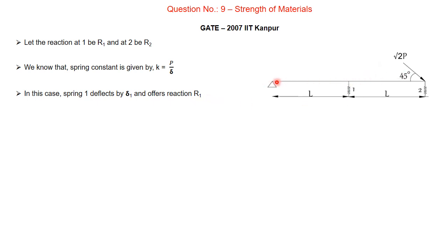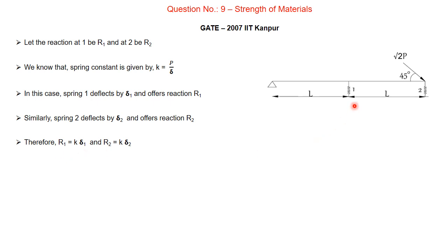When load is applied, as I told, this will have certain settlement here, and spring 1 will initially deflect by some amount and then it will start offering reaction. Similarly this spring 2 will also deflect by some value which I consider as delta 2, and after that it will offer reaction R2.